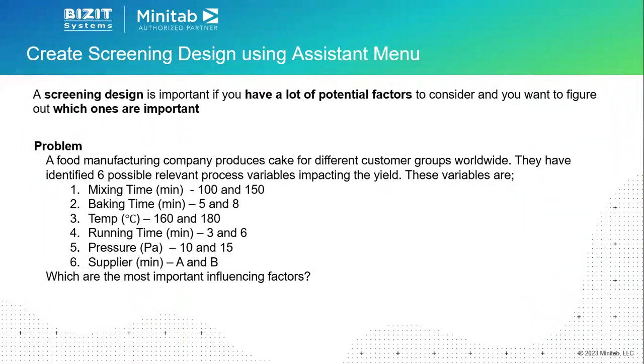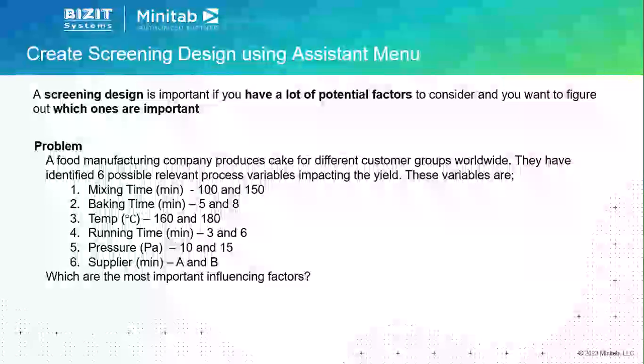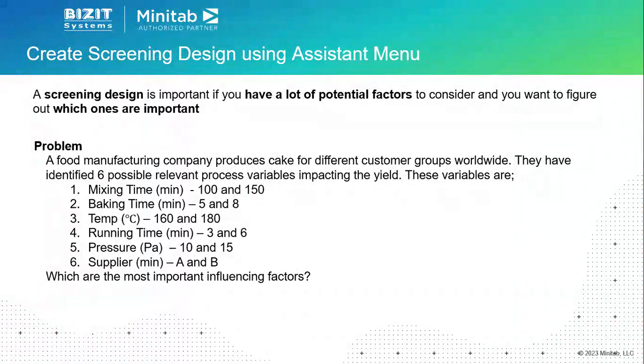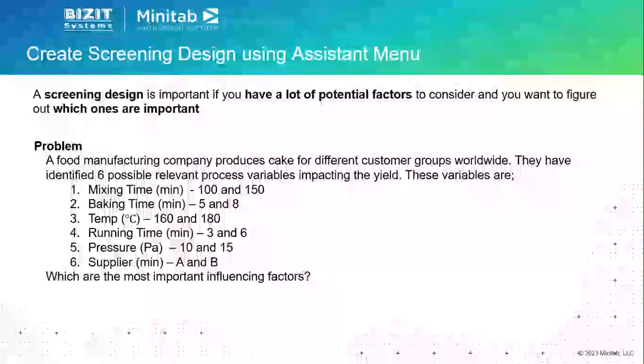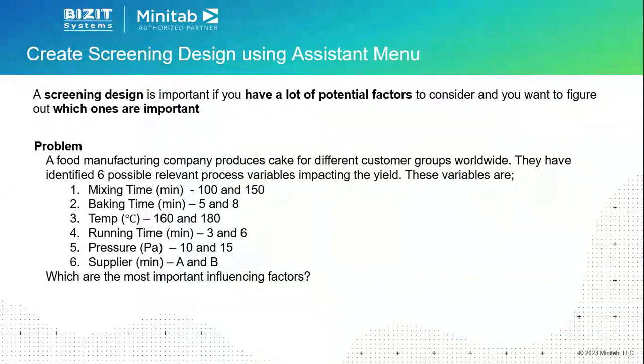So they have 6 factors with 2 levels, so that is 2 to the power of 6, which is 1 replicate. Imagine if you want 2 replications, it is about 80-something experiments you need to run.